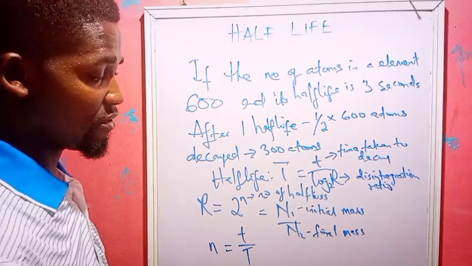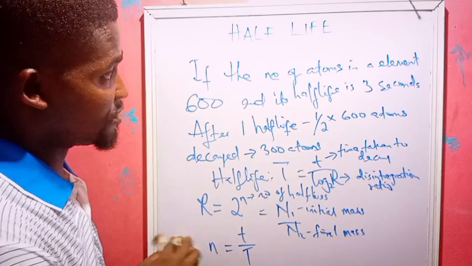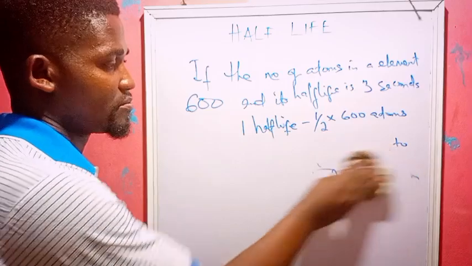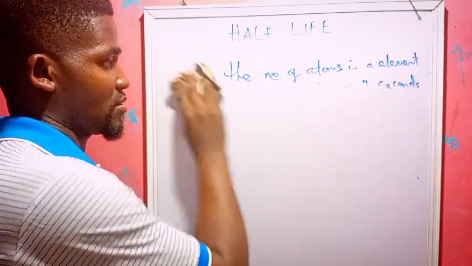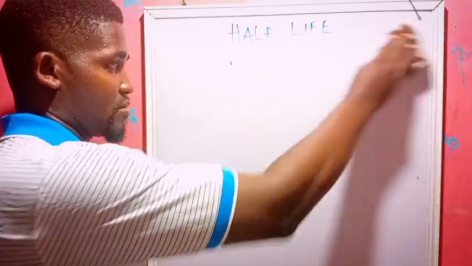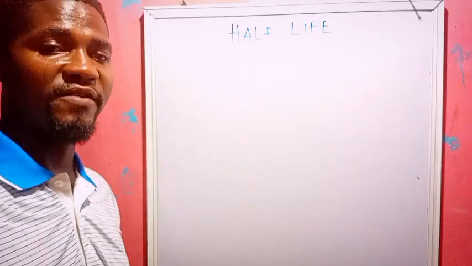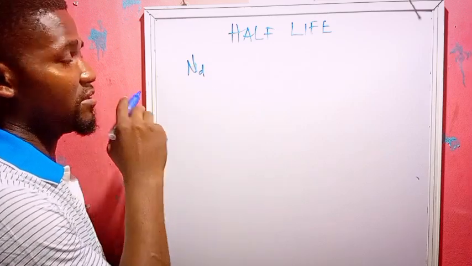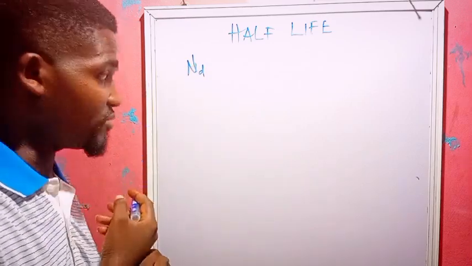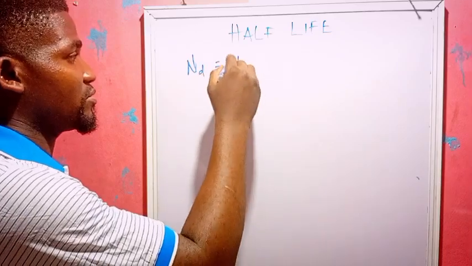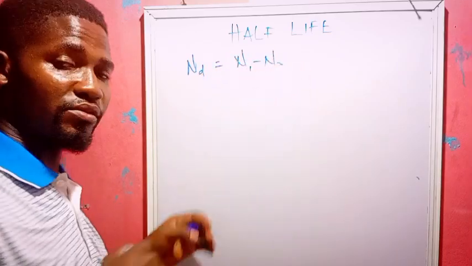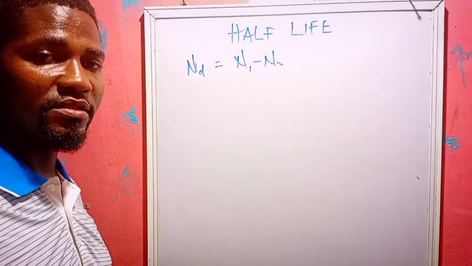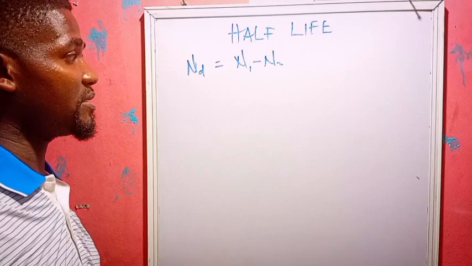I'll have to rub this off, so I hope you're taking note of this. We have some other formulas. We also have the number of atoms that decayed, Nd, which is equal to N1 minus N2. Initial mass minus final mass gives us the number of atoms that decay.